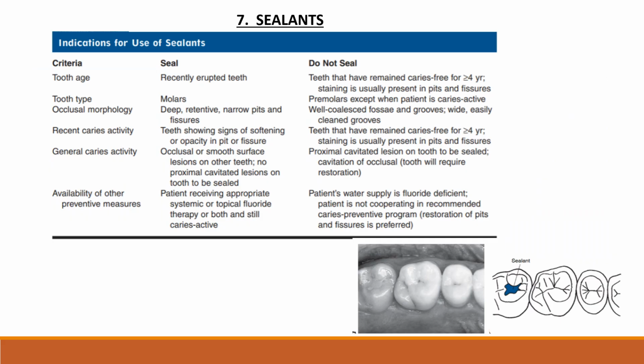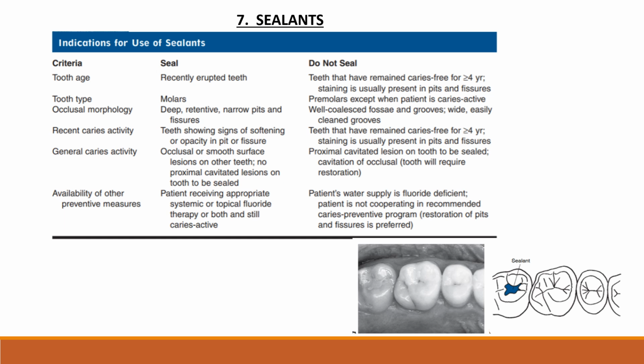Now, the next important factor in caries prevention is the sealants. Although fluoride treatment, like we studied earlier, is the most cost-effective way to prevent smooth surface caries, the best way of preventing pit and fissure caries is by application of sealants. They have basically three important preventive effects.